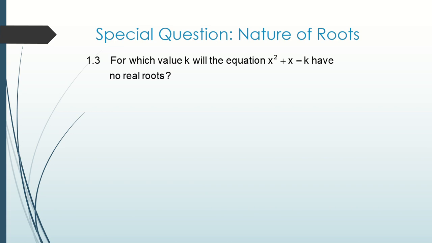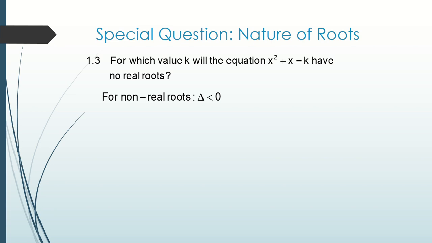The special question in this paper was a nature of roots question. The question says, for which value of k will the equation x squared plus x equals k have no real root?